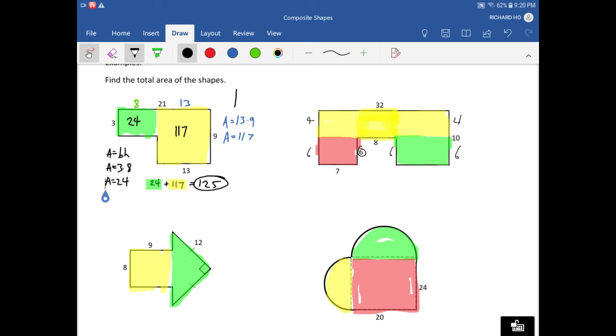What else do we need? Okay, so the whole thing here, so we can do the red one. The red one is 6 times 7, which is 42. So 42 is this red one. Yellow one is 32 times 4, which is 128.